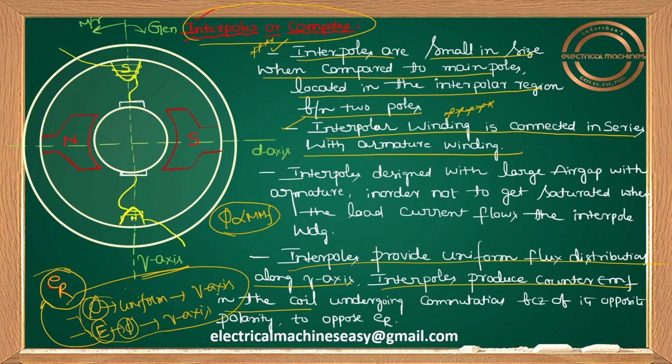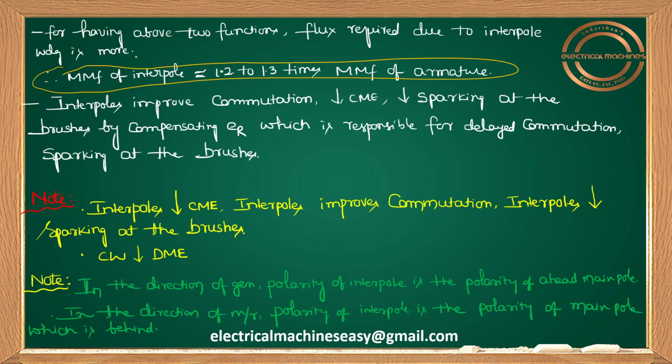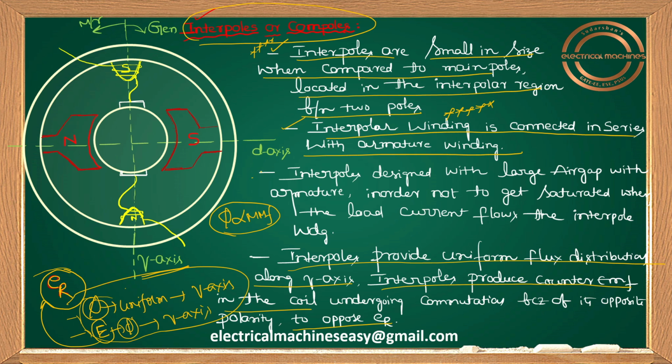This counter EMF will oppose your reactance voltage, so for that I need some more flux. For these two functions, the flux required due to the interpole winding is more. That's why the MMF of the interpole should equal 1.2 to 1.3 times the MMF of the armature. In addition to this, you have to remember one more point here.